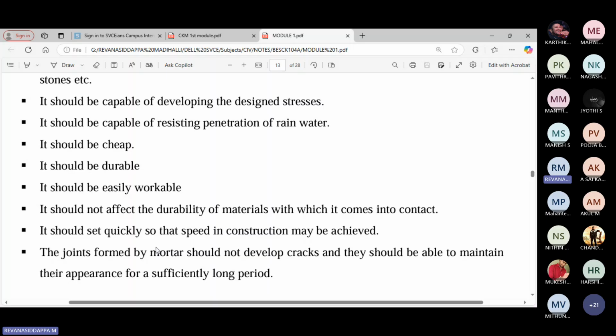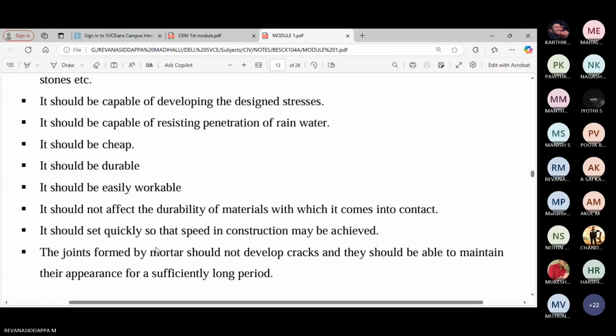The mortar should harden and set within a short period of time, so that we can proceed to the next layer of brick without any delay.